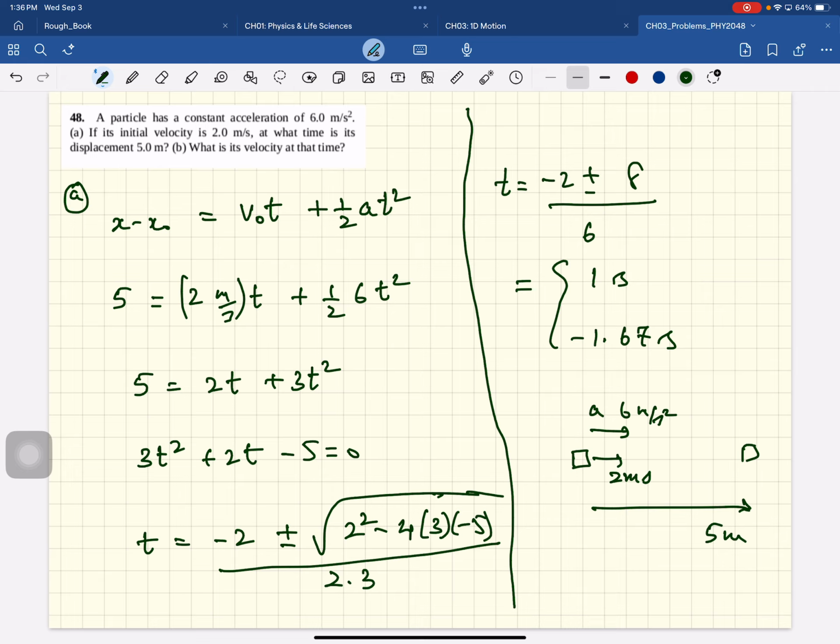Okay, so that's what, now I'm going to show you something. It's a little subtle, but what is this solution? So your mathematics gave you two solutions. This solution was if you go at 2 meters per second, there's the acceleration, you end up 5 meters away.